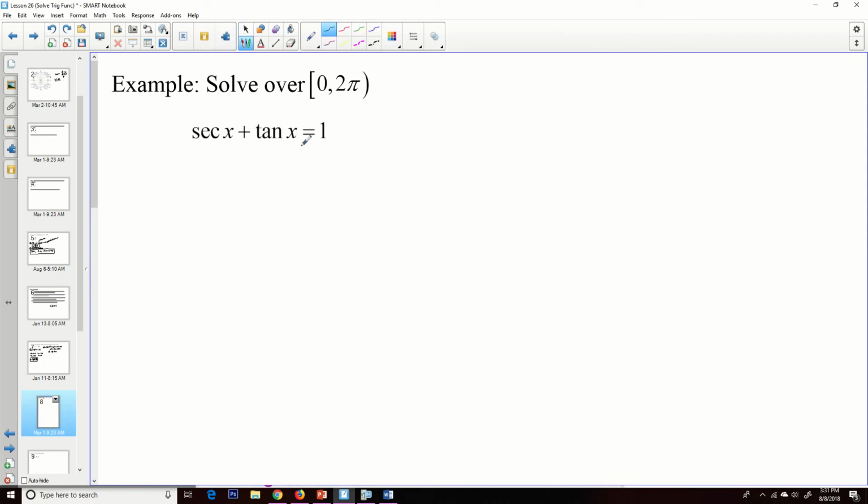I'm going to multiply both sides by secant x minus tangent x, so secant x plus tangent x times secant x minus tangent x equal to 1 times secant x minus tangent x.